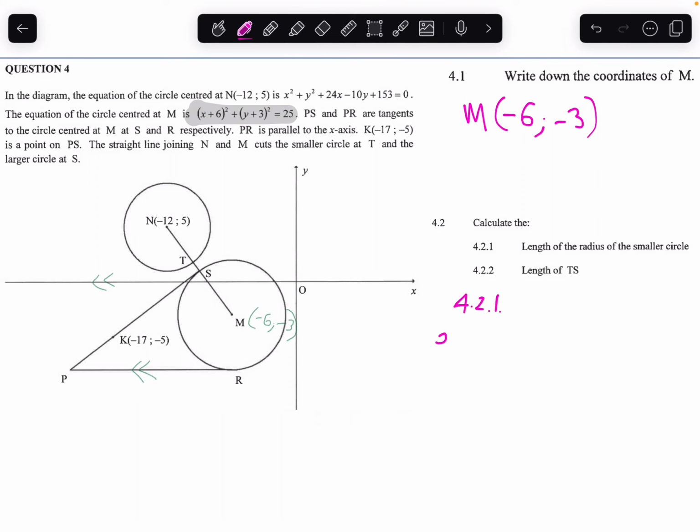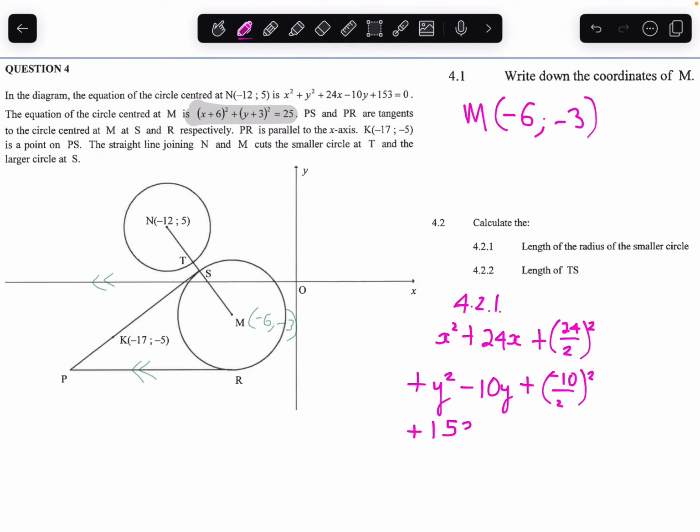So you'd have x squared plus 24x plus (24 over 2) squared. And then we'd have y squared minus 10y plus (negative 10 over 2) squared. Okay, and then we just have the random constant chilling over there, is equal to, and then we'd add the same constants on the right hand side as well.